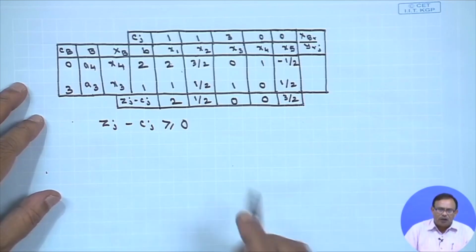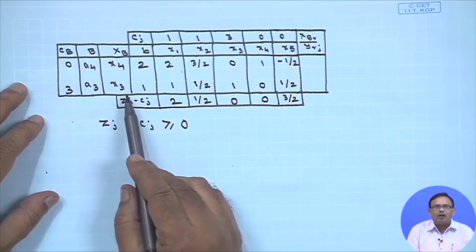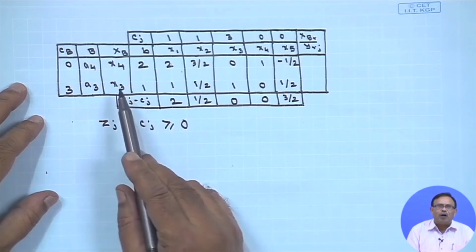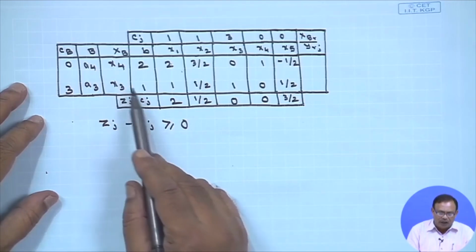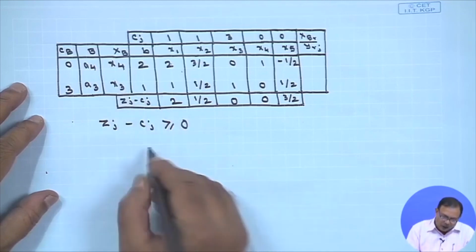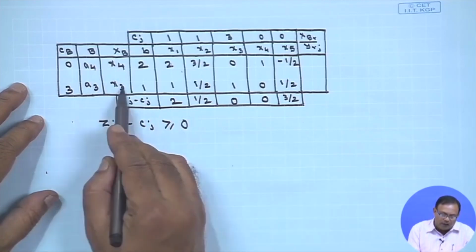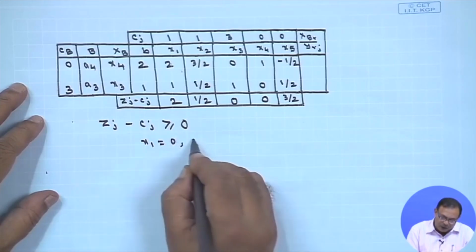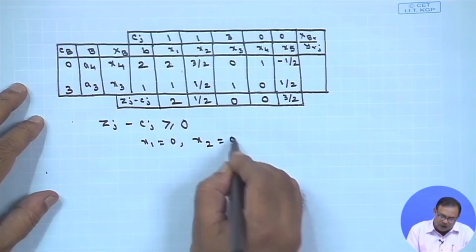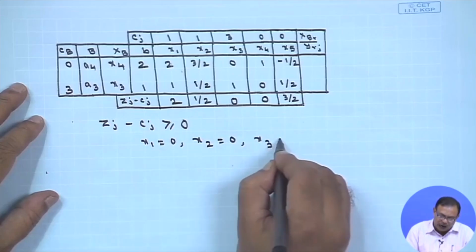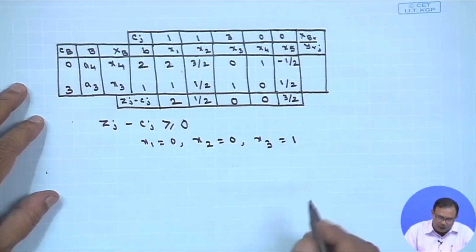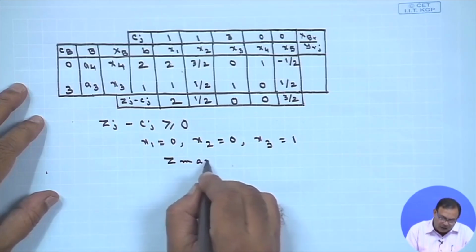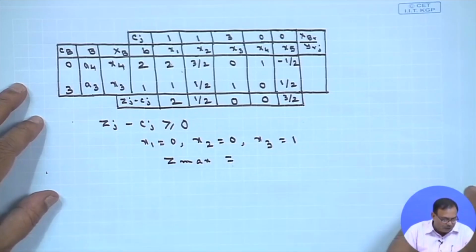If you see the basis in the last table, only one decision variable x 3 is there. So, since only x 3 is there, all other values of the variables will be 0, that is x 1 equals 0, x 2 equals 0 and x 3 equals 1, and the value of z max again you can calculate from here.